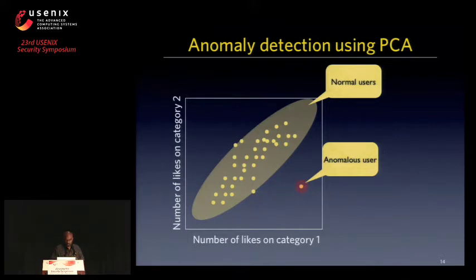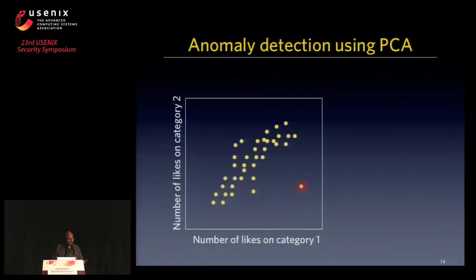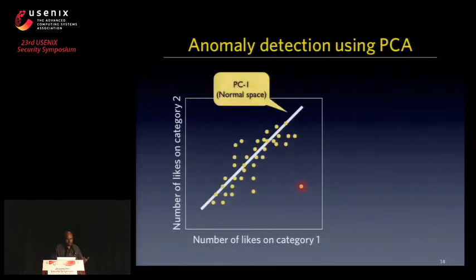So how do we do that? PCA takes in this behavior data in 2 dimensions and proposes alternate dimensions that better explain the spread of the data. It gives you 2 principal components, and the first principal component will point along the direction of maximum variance in the data.